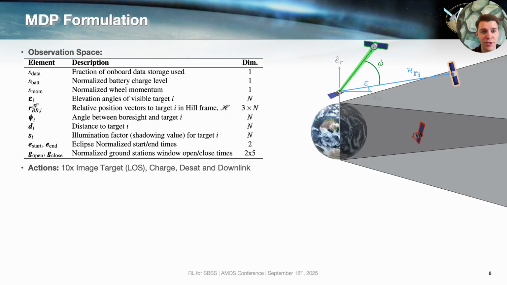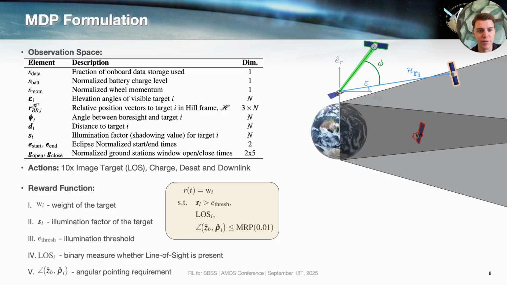The next observations are for 10 targets within its line of sight, and include the elevation angle, the current pointing error, the distance to the target, as well as the relative position to the target in the scanning agent's Hill frame. Also, we're giving it information on when it is entering and leaving eclipse, as well as when it is entering and leaving ground station windows.